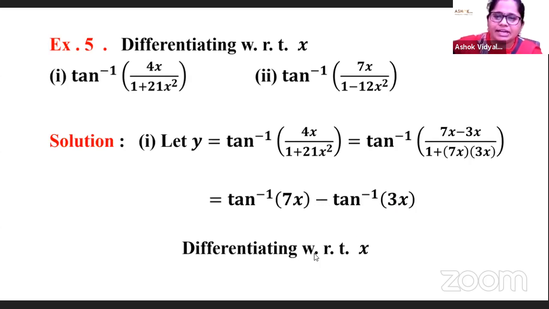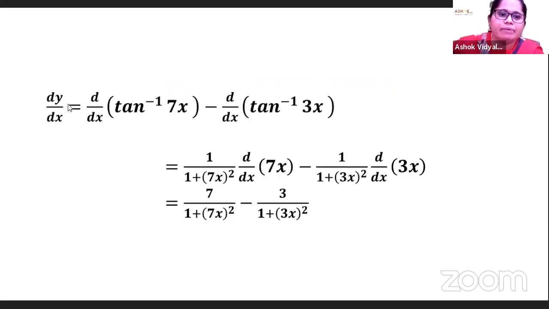And differentiating this with respect to x, we get dy by dx is equal to the derivative of tan inverse of 7x with respect to x minus the derivative of tan inverse 3x with respect to x, and the derivative of tan inverse x is 1 upon 1 plus x square.